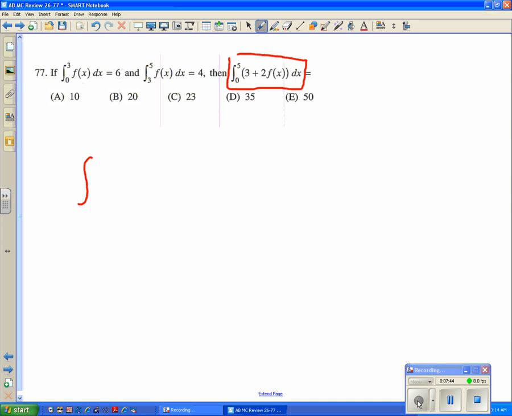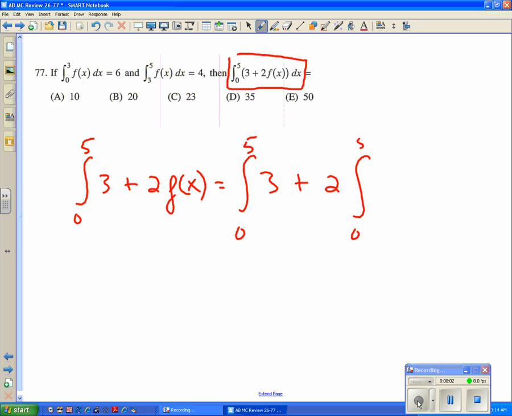The integral from 0 to 5 of 3 plus 2 f of x can certainly be written as the integral from 0 to 5 of 3 plus 2 times the integral from 0 to 5 of f of x. And this integral, 0 to 5 of f of x, you can piece up however you want. And so you've got some pieces here.